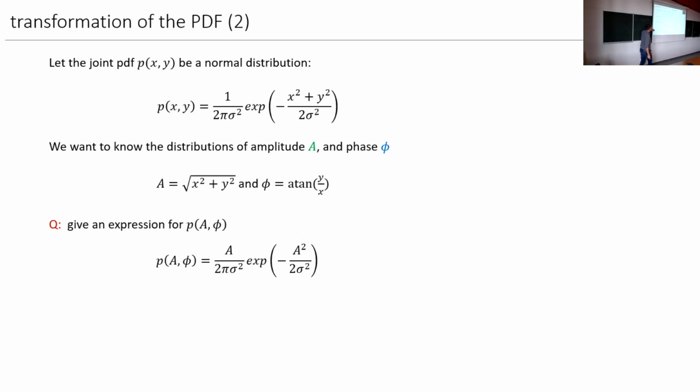So you see what happens here? Take this distribution, make the substitution for x and y, and multiply with this factor A. Then we have our new joint distribution.